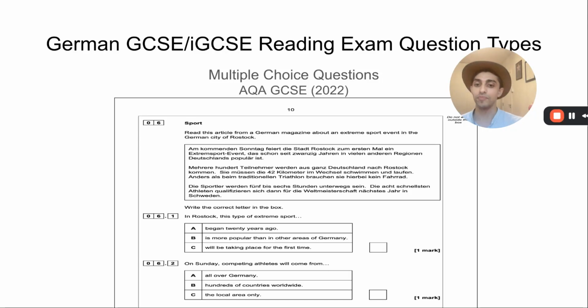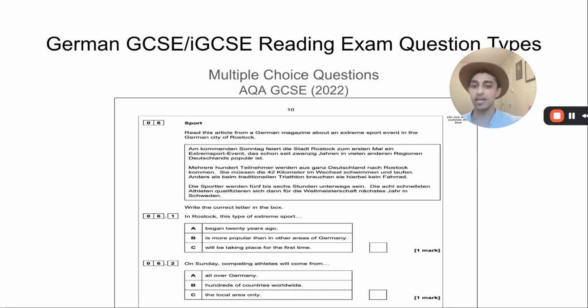But it also tells us that this kind of event has already been popular in other areas of Germany for 20 years at least, which means that we could even mentally eliminate answer B. We know that answer B is not possibly correct at all. And we know that it also cannot be A, because this kind of extreme sport event did not begin 20 years ago in Rostock, although it did begin 20 years ago in other parts of Germany.